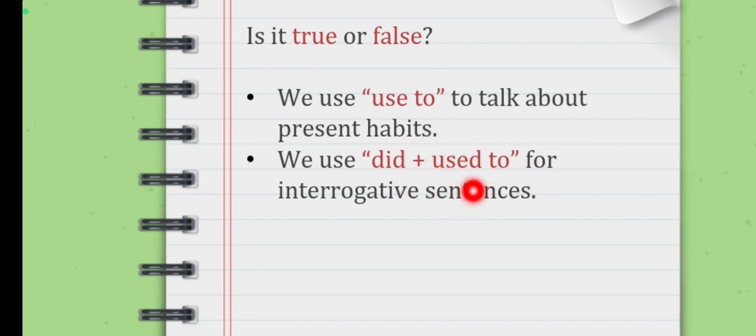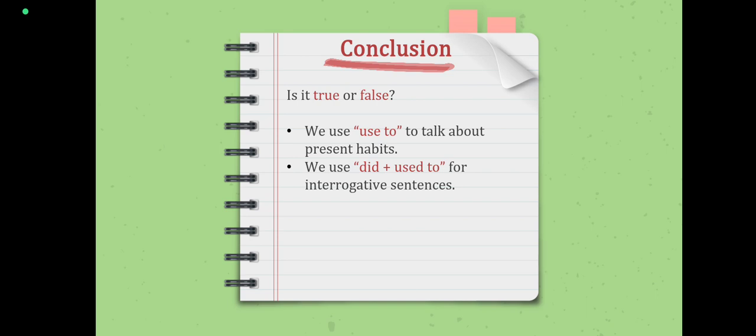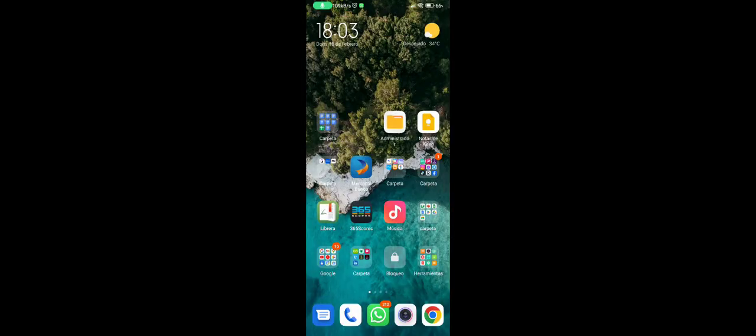Because it's use to, without the d sound. Okay, it is not used. It is not with d at the end. When we have did, we use use to, as in here, use to. Okay. Okay, that's it. Awesome. So now, let me stop recording.